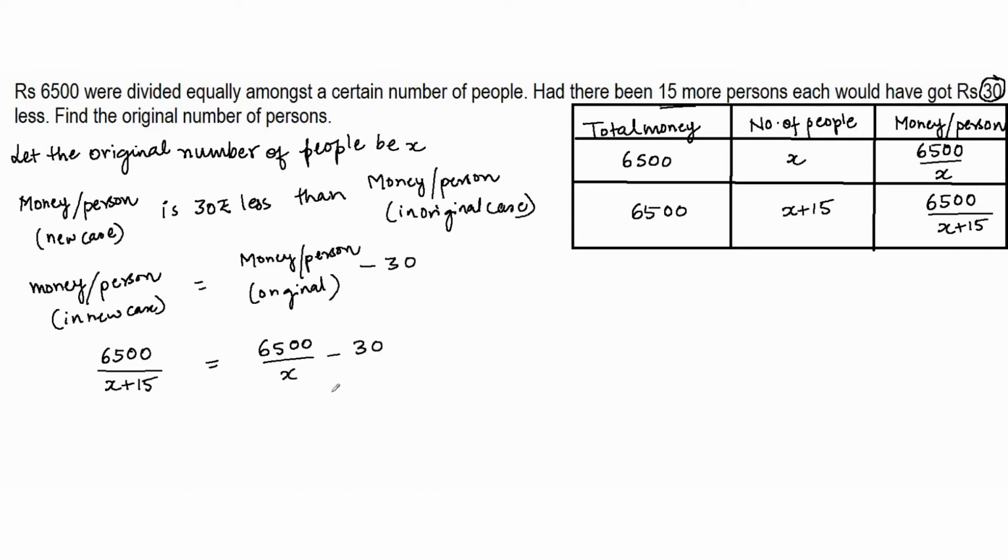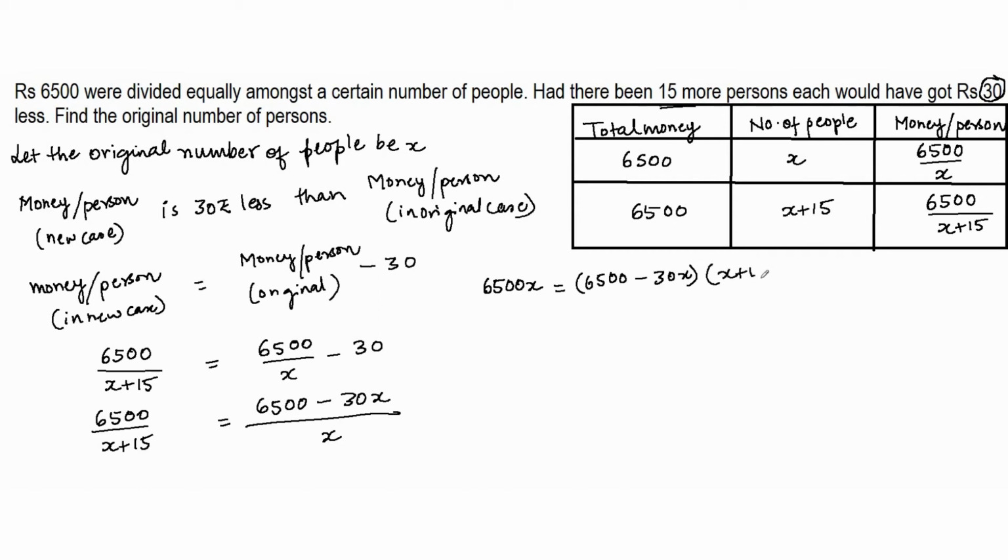Again, I can go ahead and take the LCM on the right hand side. So 6500 by x plus 15 is equal to 6500 minus 30x, the whole divided by x. And now cross multiplying, I get 6500x is equal to 6500 minus 30x multiplied by x plus 15.